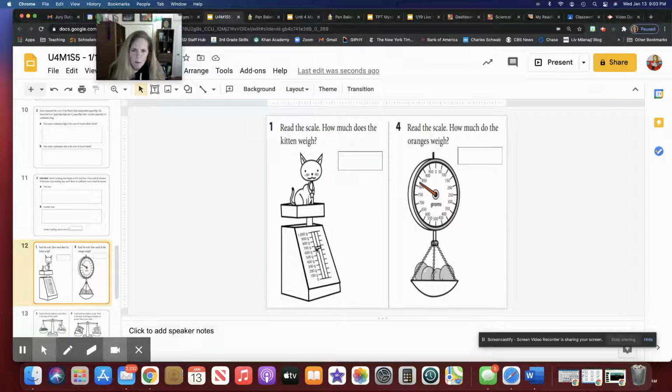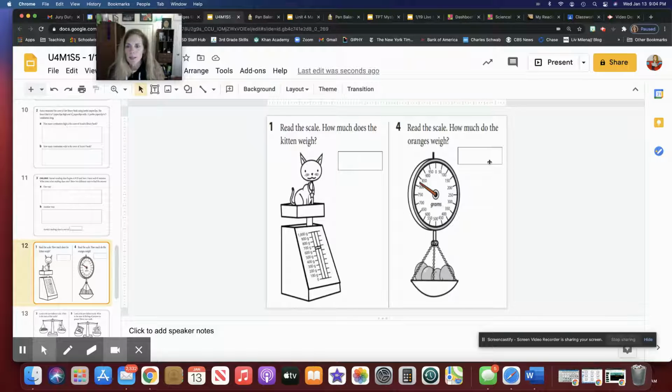So you need to look at these numbers here and figure out how much. So this little kitty weighs almost halfway between 600 grams and 700 grams. So you're going to write the answer here. These oranges weigh between 800 and 850.